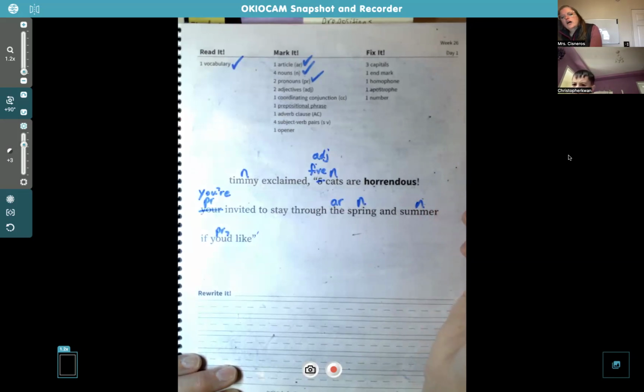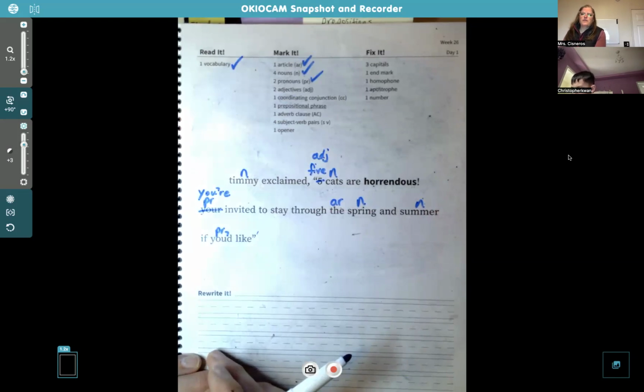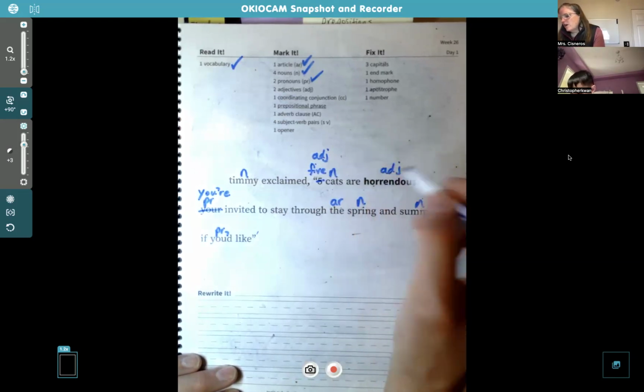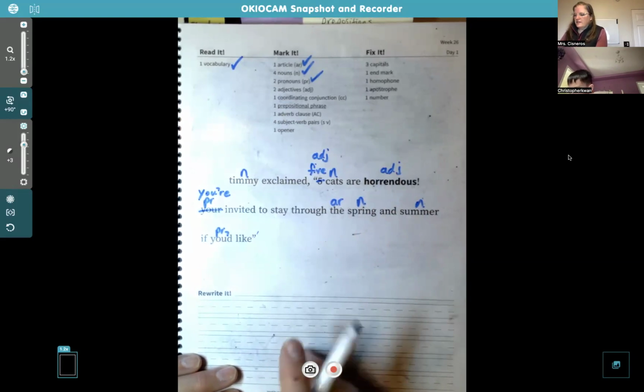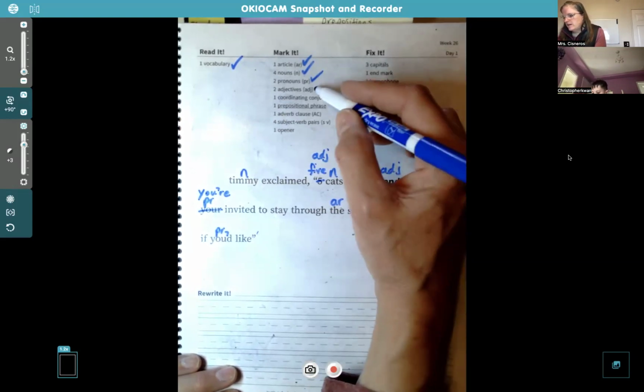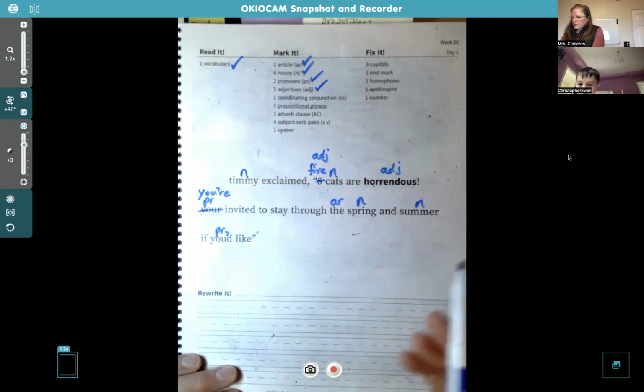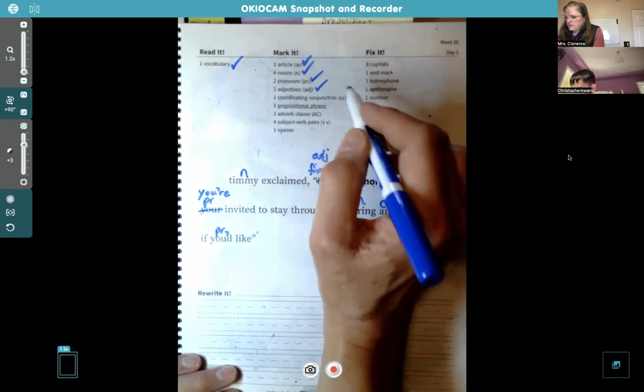This is an adjective that's going to describe the cats. Horrendous, there you go. The cats are horrendous. That's describing the cats. So that is the adjective there. How about the CC? And, good.